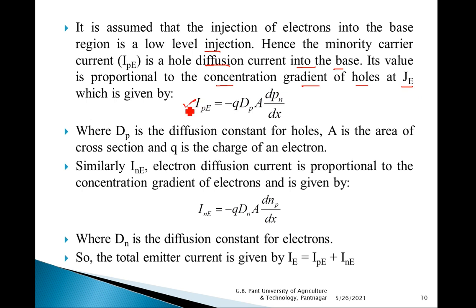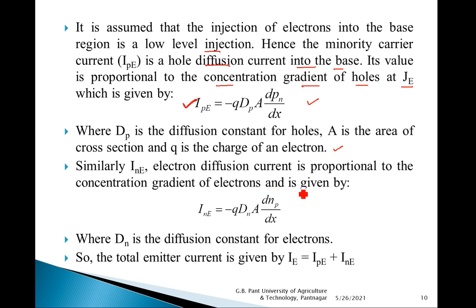This value IPE, the hole current, is given by this formula: minus Q DP A times the derivative of Pn upon dx, where DP is the diffusion constant for holes, A is the area of cross section, and Q is the charge on an electron.